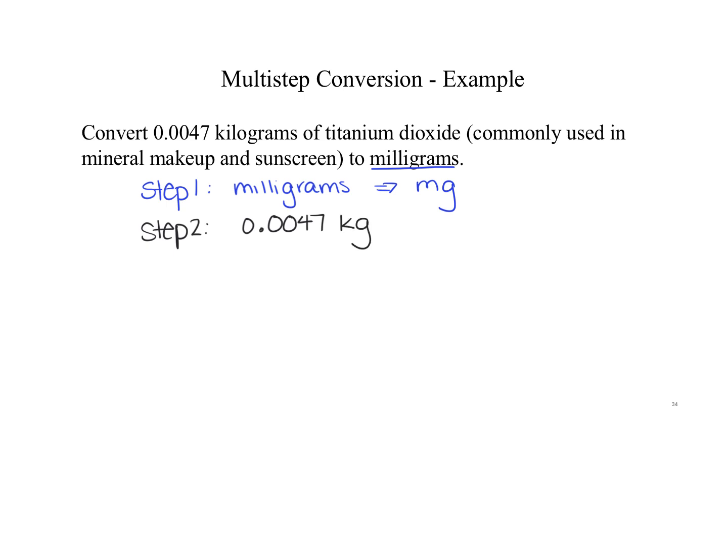Now in step 3, we are going to come up with a plan. There are several different ways to do this. Basically what we're trying to do is go from kilograms to milligrams. The conversion sheet that I'm going to give you is all relative to a base unit, which would be grams all by itself without any prefix in front of it.